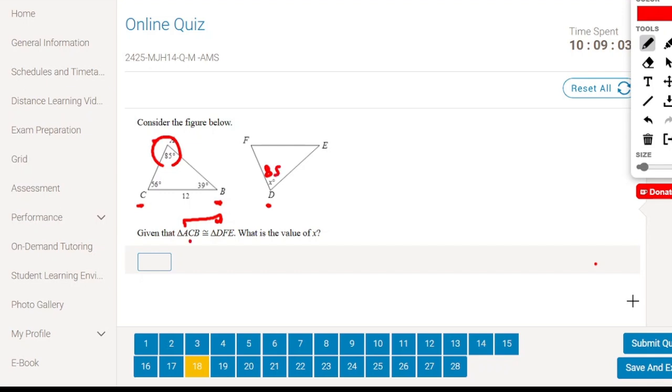Now angle C is congruent to angle F. Angle C is 56, so F will also be 56. Now angle B to angle E. Angle B is 39, so angle E is 39 also. Now it's asking what is the value of X? It means angle D, which will be 85.